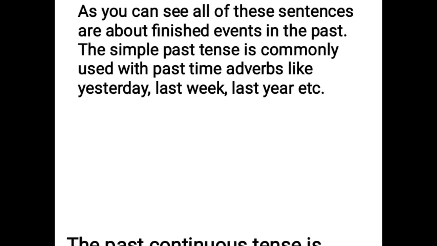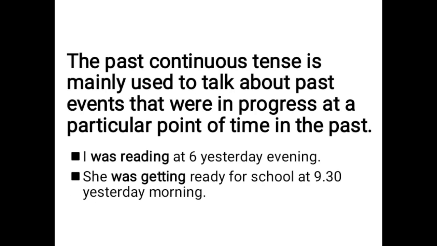Now, what's the difference between it and the past continuous tense? So the past continuous tense is mainly used to talk about past events that were in progress at a particular point of time in the past. You get it? This has also ended. However, it was in progress at a particular time in the past.